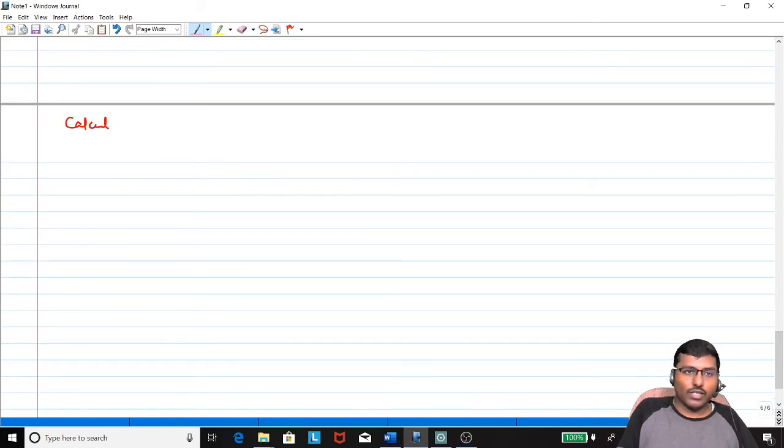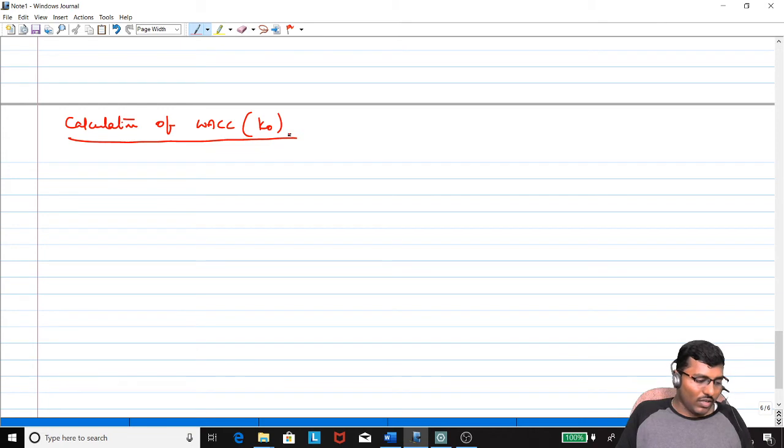So calculation of weighted average cost of capital, or we can also call it overall cost of capital. Okay, so how to calculate that? Very simple. You have share capital and reserves and surplus. First column will be types of capital.